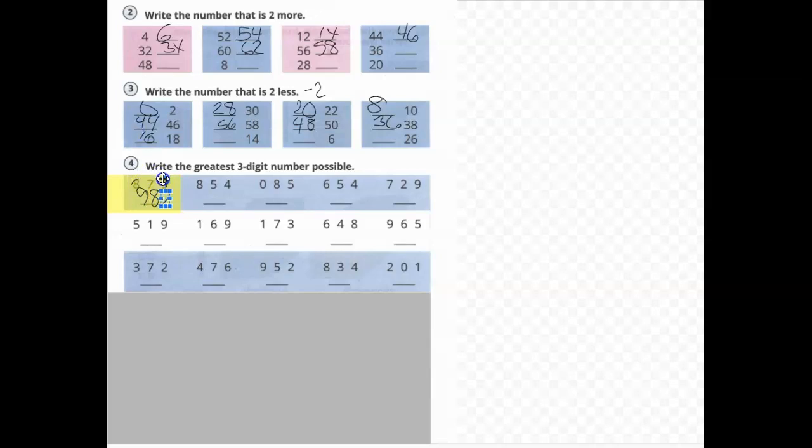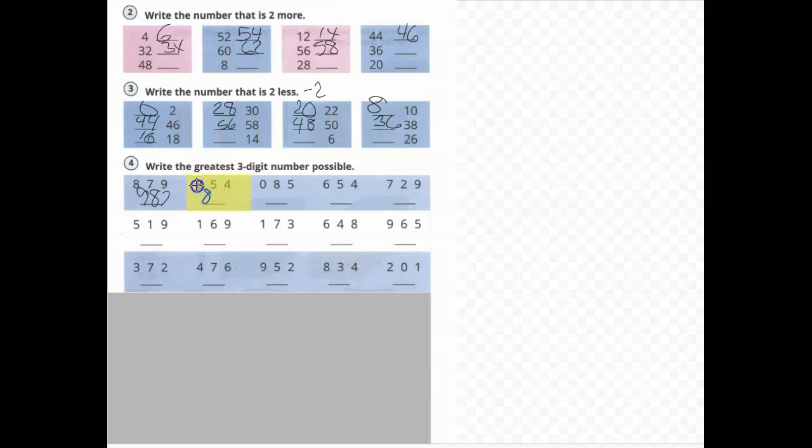Okay, so now we're going to try it again. Right here, in my yellow square, what is the biggest digit that I have to work with? Is 8 the biggest, 5 the biggest, or 4 the biggest? The largest number, the most. 8. So I'm going to start by writing an 8.